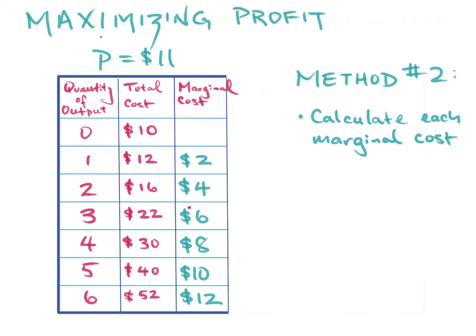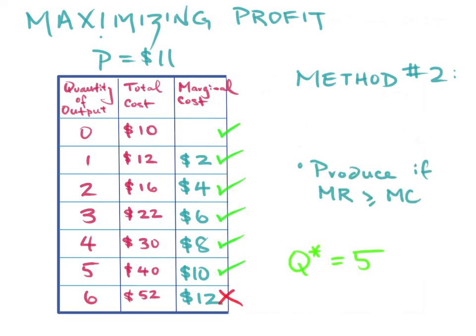The third widget costs an extra $6. Fourth widget adds $8 to the costs. So here are the marginal revenues from producing the first, second, third, and so forth. The extra revenue from producing each widget is $11, what the firm can sell the widget for.